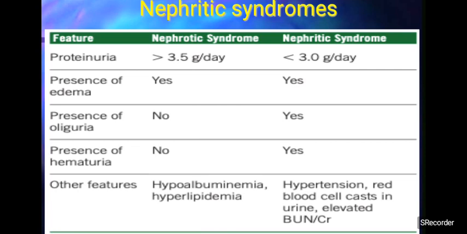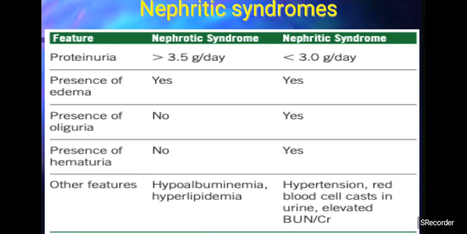When we talk in terms of edema, it is found both in nephrotic and nephritic, though it is much more pronounced in nephrotic syndrome. When we talk in terms of oliguria, in nephrotic syndrome, we didn't see oliguria, but in nephritic, there is oliguria.